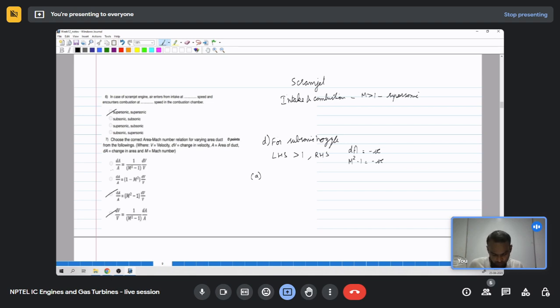For option A, for subsonic flow, subsonic nozzle, dA by A, LHS is less than 1, it is negative, and we take RHS, M square minus 1 will be again negative, and dV is positive.